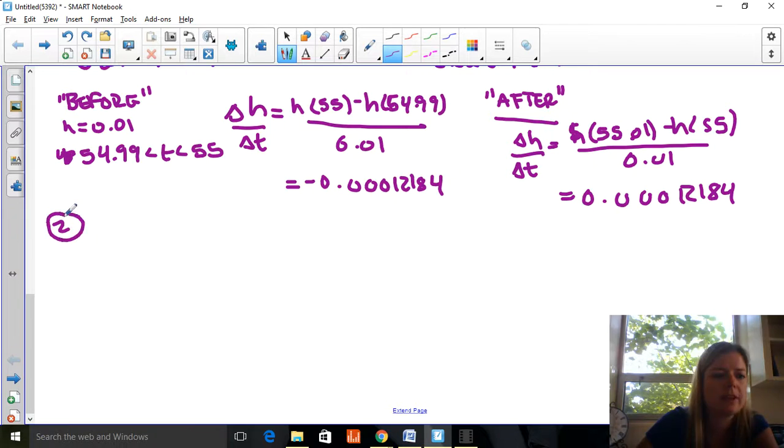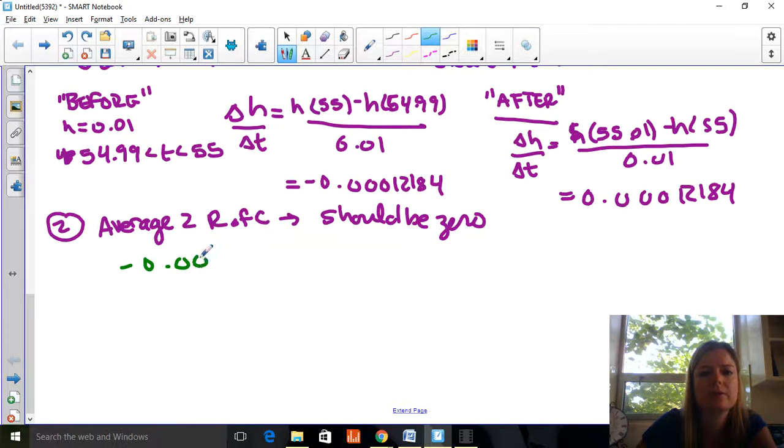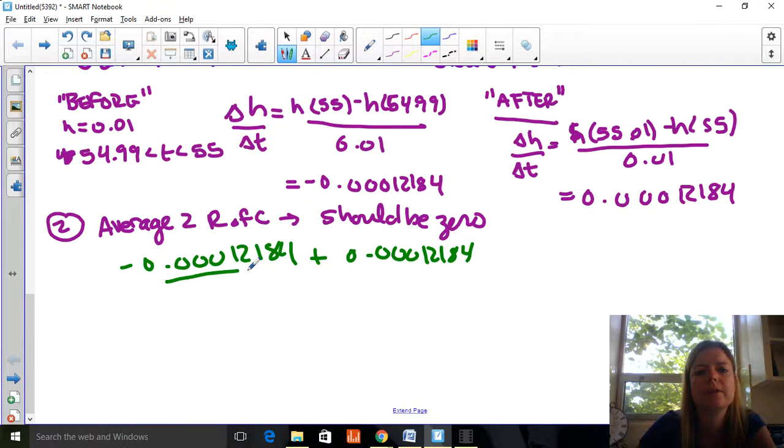So step 2 then is we're going to average the two rates of change, and they should be 0, or very close to 0. So you'll notice that if we take negative 0.00012184 plus 0.00012184 divided by 2, that's how you get the average, you get 0.